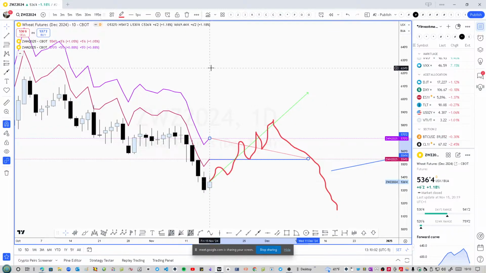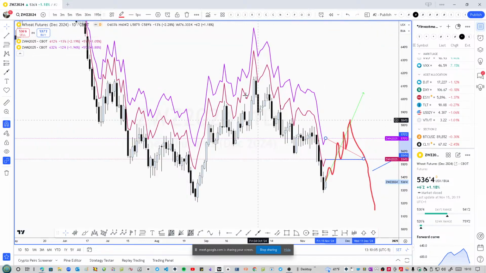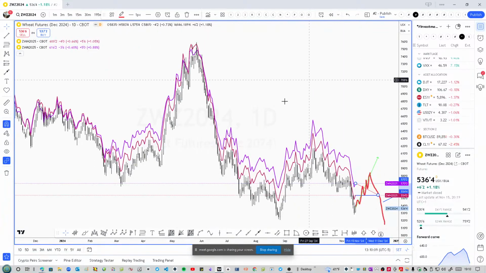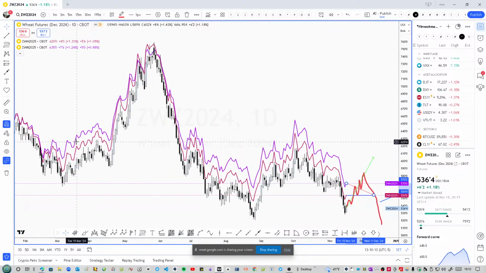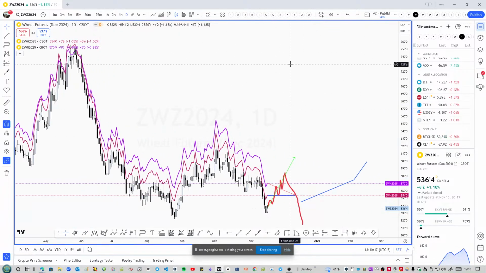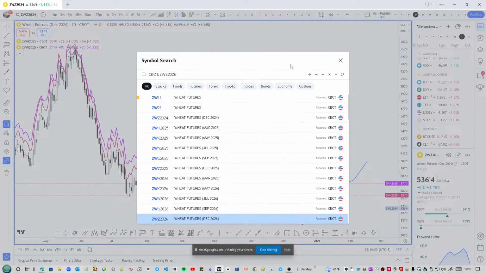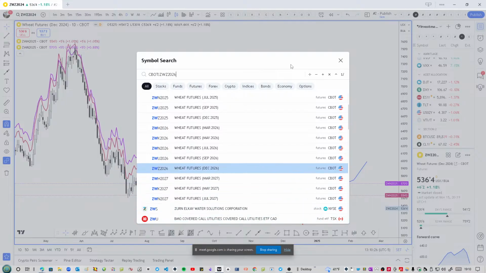I know. So you see that we have here actually pricing for every contract. So even now, or even in the past, we can now also trade the wheat future in 2026 and 27. You see?